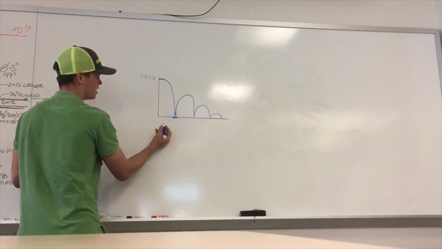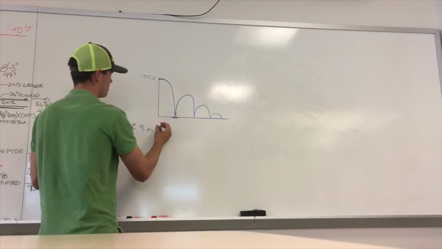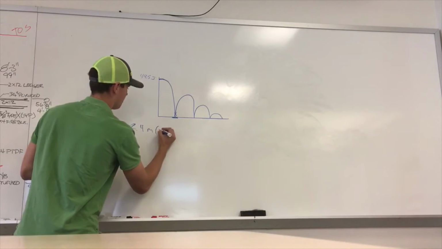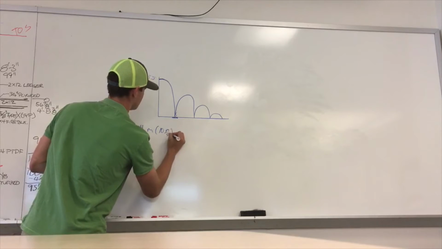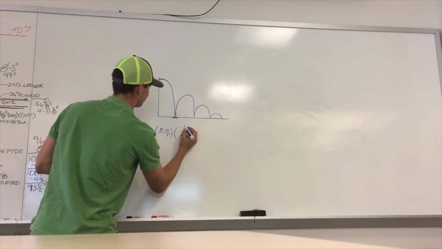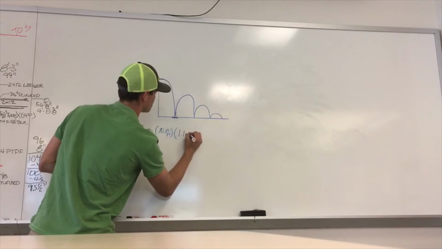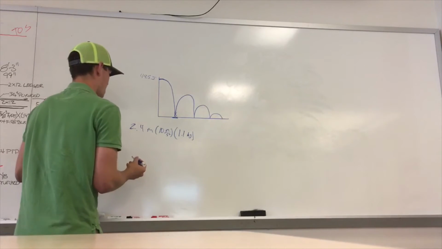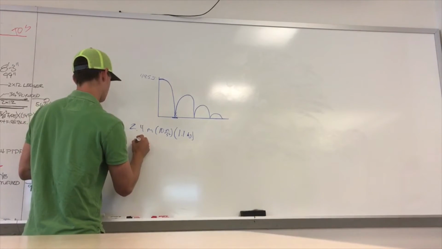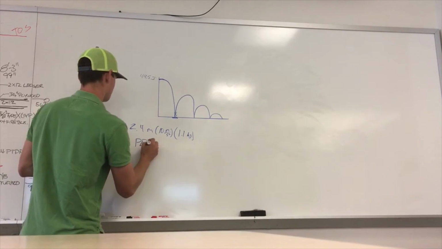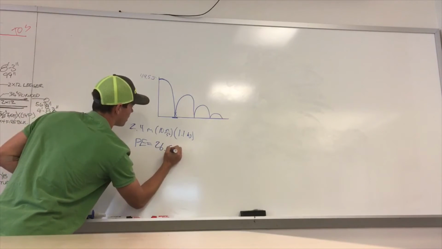So we will use the height of 2.4 meters, our new height, times gravitational acceleration, times 1.1 kilograms. And with that, our new potential energy now is 26.5 joules.